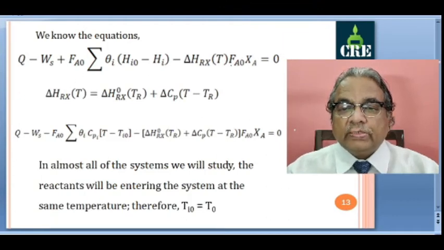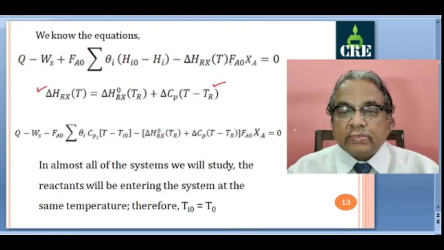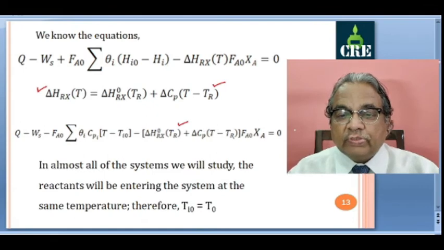So this term delta Hrx at any temperature can be found out if you know delta Hrx at some reference temperature and you know delta Cp: delta Hrx at Tr plus delta Cp T minus Tr, where Tr is the reference temperature. So if I replace this in the energy balance equation, this delta Hrx T term is replaced by this complete term, which I have written in the bracket, multiplied by Fa0 Xa.